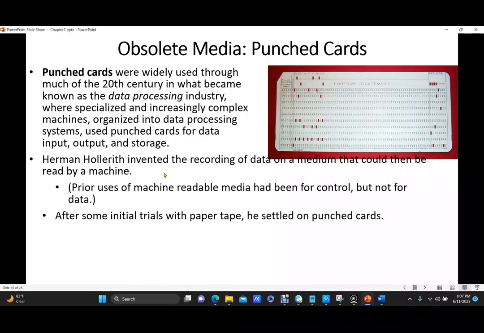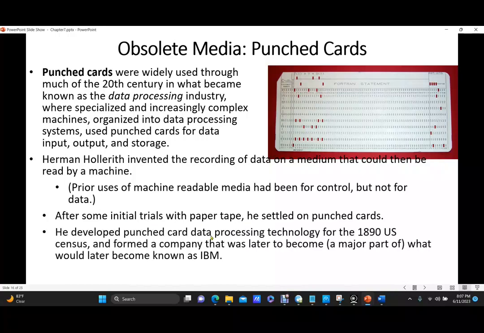Herman Hollerith was busy designing a system to use for the census, and he initially experimented with paper tape, but settled on punch cards. He developed punch card data processing technology for the 1890 U.S. Census and formed a company that was later to become known as IBM.